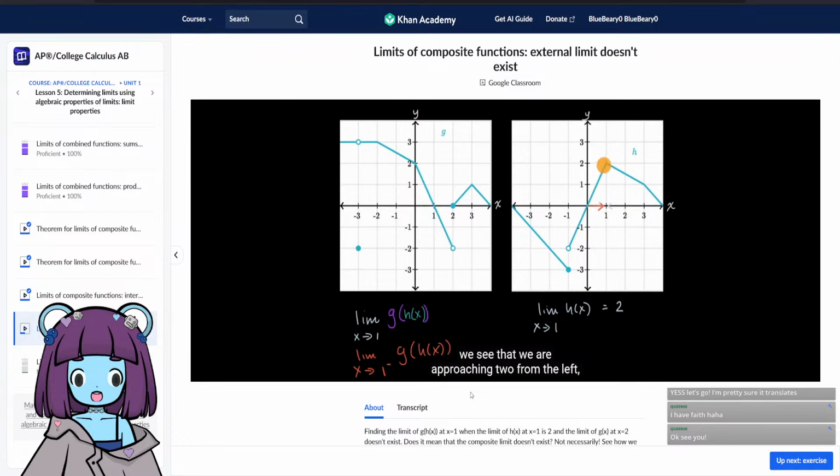See, we are approaching 2 from the left. G is approaching -2, at least this left-handed limit. Let's do the right-handed limit.